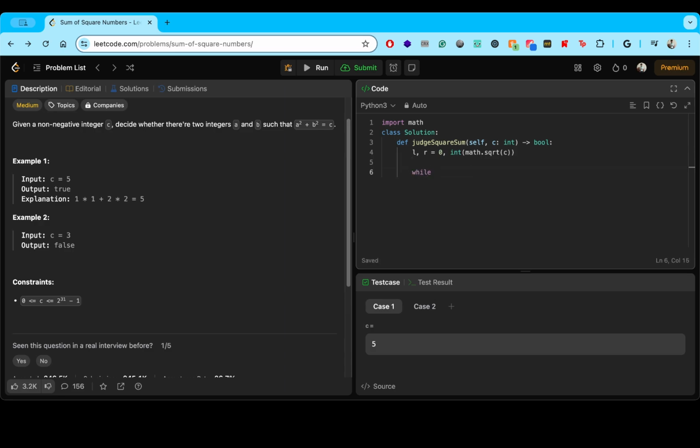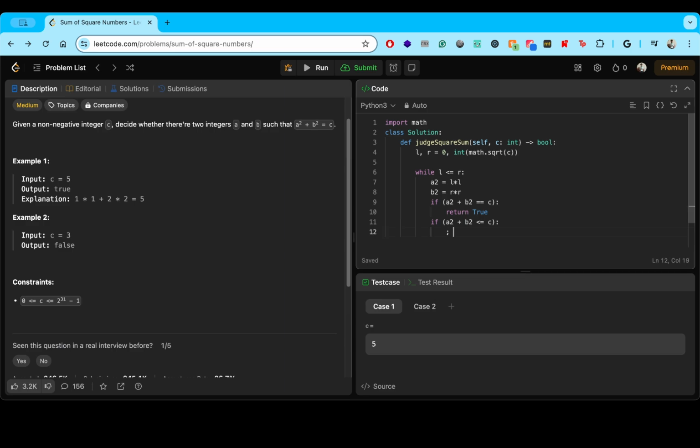So we'll say while the left pointer is less than or equal to the right pointer, a squared is just the left pointer times the left pointer, and b squared is just the right pointer times the right pointer. So if a squared plus b squared is equal to c, then we return true. But if a squared plus b squared is less than c, so remember we said when the value is less, we're going to increment the left pointer by 1 to get a greater value.